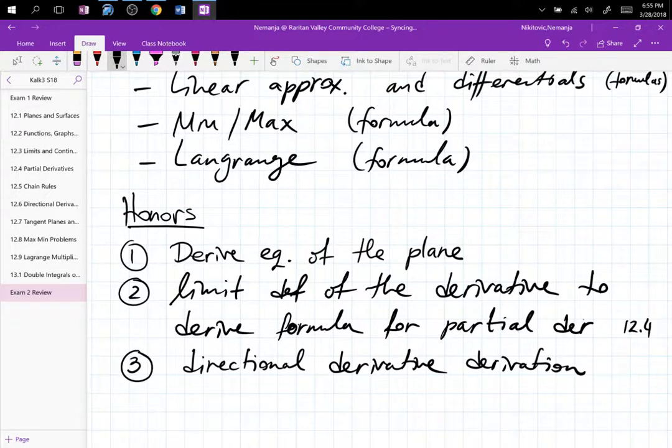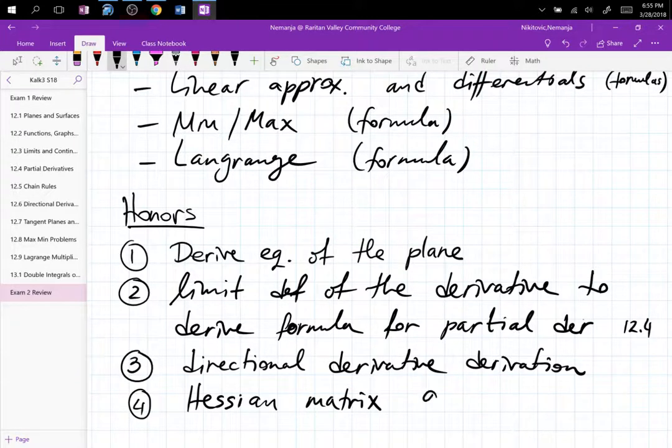Oh, great. They do talk about it. So the Hessian matrix, this is on page 941. So just, you'll know when you read it. You can also go online and look up more stuff about that, like math.org or something.